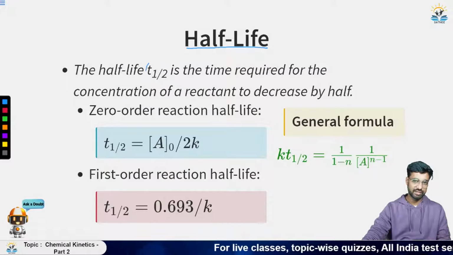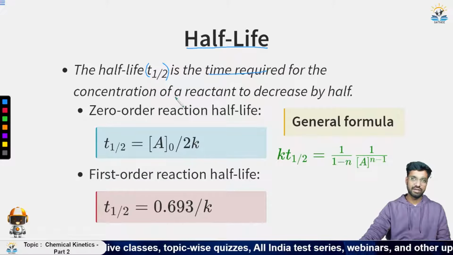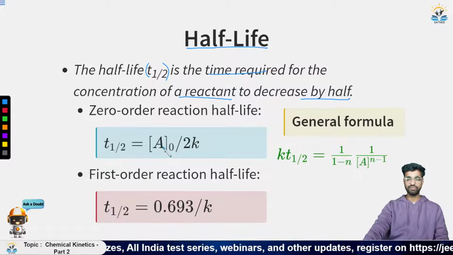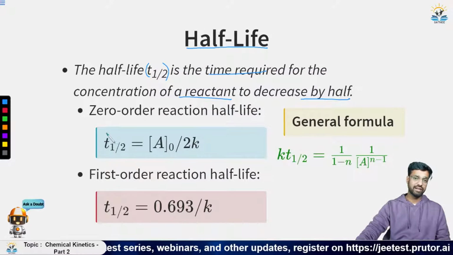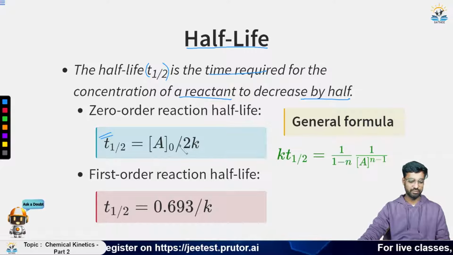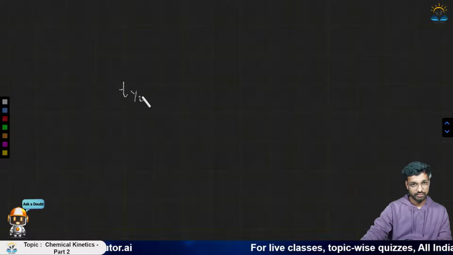It is denoted by T half, and it is the time required so that the concentration of reactant is decreased by half. Now if you find the T half of the zero order reaction, T half is equal to A naught by 2k. If you want to derive it, you can write it like this. We know that kt is equal to A naught minus At.